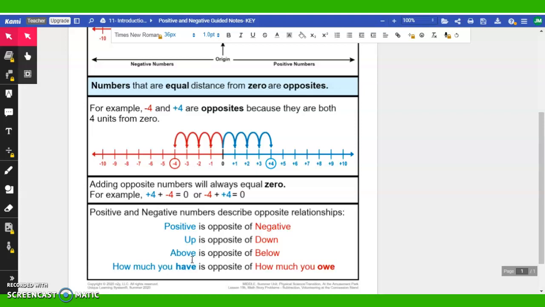How much you have is positive, whereas how much you owe is negative. Anything below is going to be negative, as well as going down. If you took your speed limit down from 55 miles per hour to 50 miles per hour, you went down -5 miles per hour.